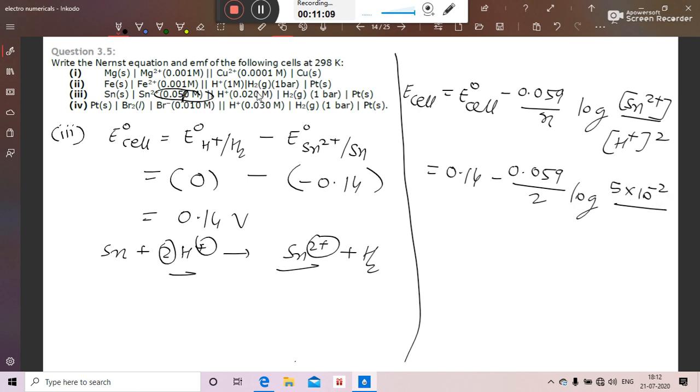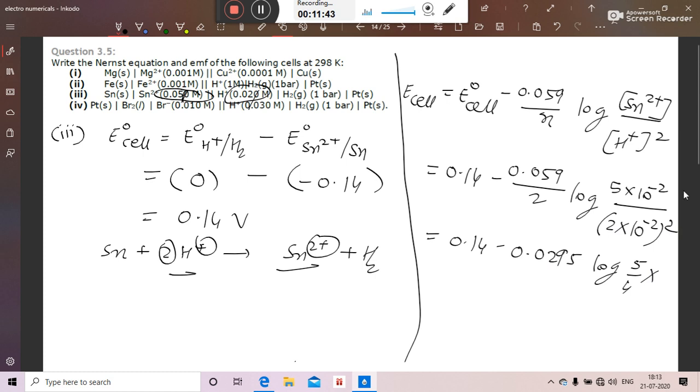And on the other side we have the concentration of H+ ion. Here also the last 0 can be dropped, so we have 0.02, which can be written as 2 into 10 raised to minus 2, and in the power we have 2. So that is equal to 0.14 minus 0.0295 log of 5 upon the square of 2, which is 4, into 10 raised to minus 2 into 2, that is minus 4.